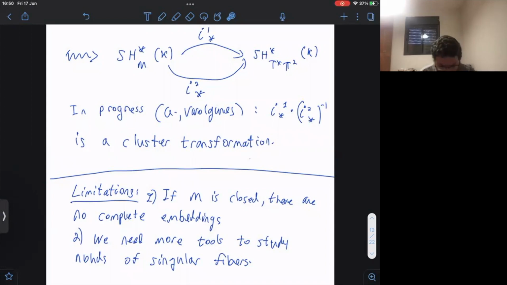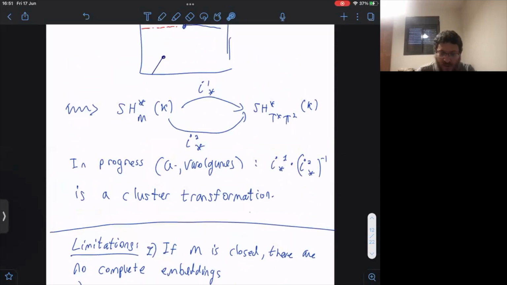And something which maybe I don't have so well how to explain right now is that if you want to study a relative SH for neighborhoods of singular fibers, you need more than just to understand the case of complete embeddings. This concept of complete embeddings assumes that you have something that you already know, and then you want to transport it into some other situation.